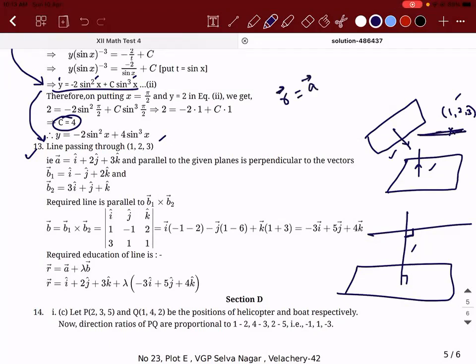R vector is equal to A vector plus lambda times B vector. A vector is already given, 1, 2, 3. We know the position vector of it, but we need to find B vector. When two planes are given, indirectly the normals of the planes are already given here.